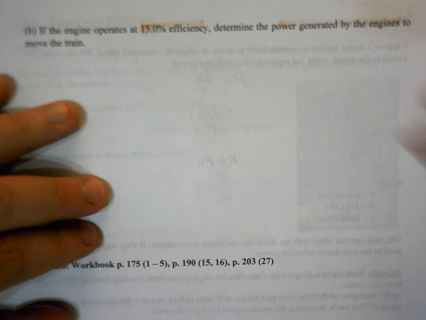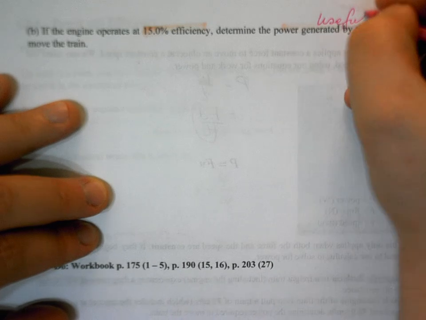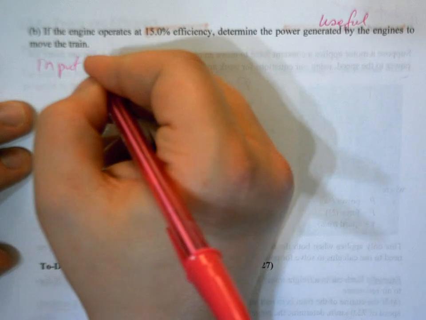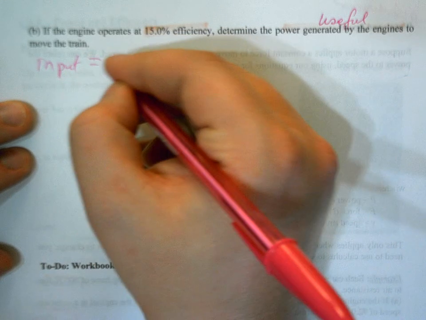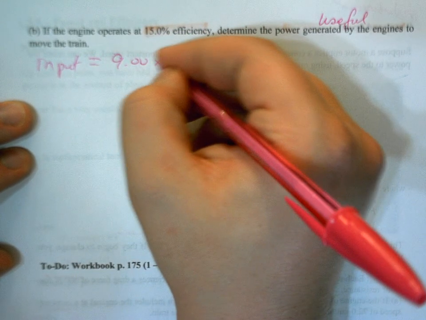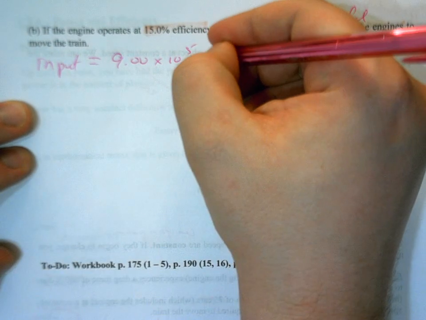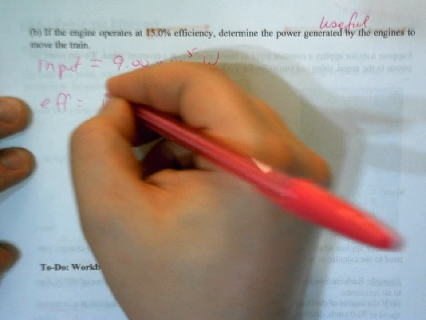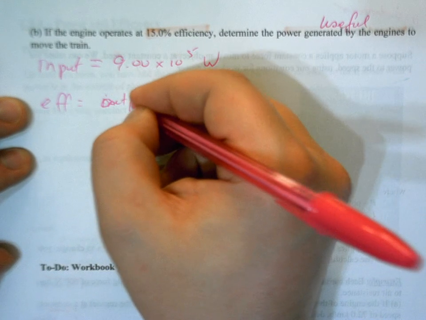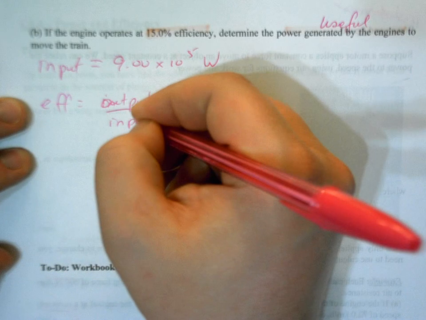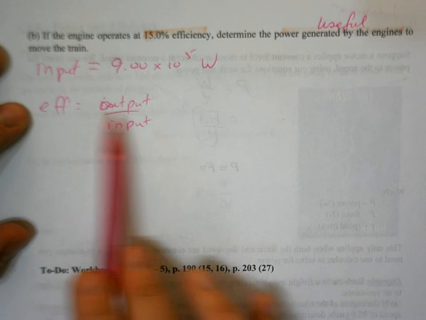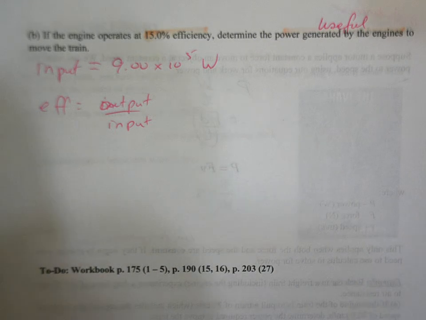What we'd like to find is the useful work. What we just found previously, the input work was this 9 times 10 to the 5 watts. We also know the efficiency is going to be the output divided by the input. So if we'd like to find the useful work, that is going to be our output here.